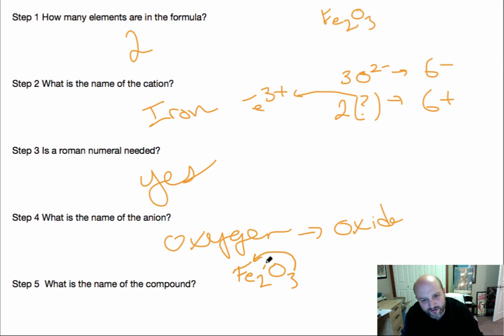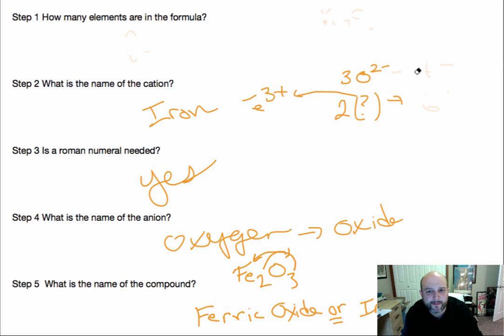Just put the 3 up here and the 2 there, and you're going to end up with iron 3. So it's called ferric oxide or iron 3 oxide. I'll do one more, a little bit harder one for you in the naming business here.